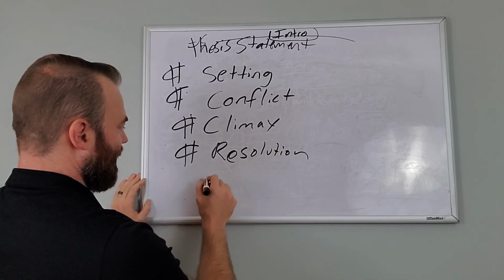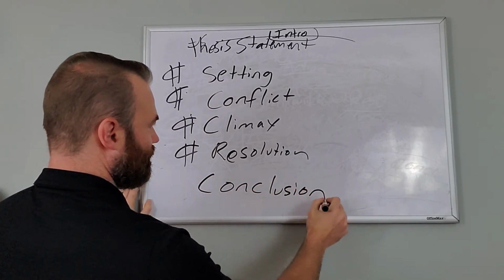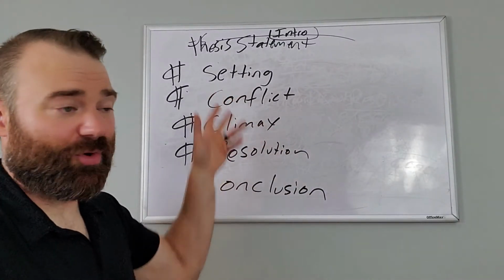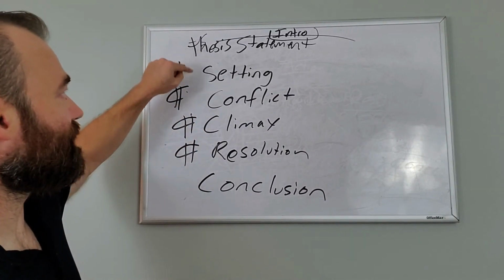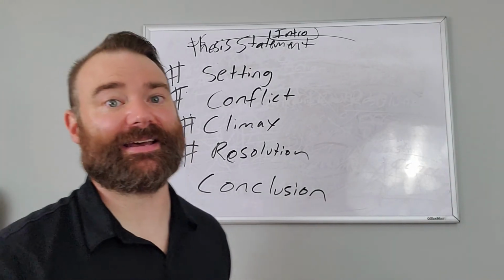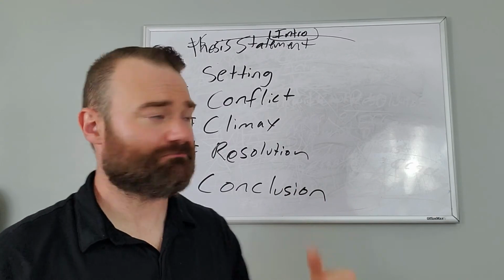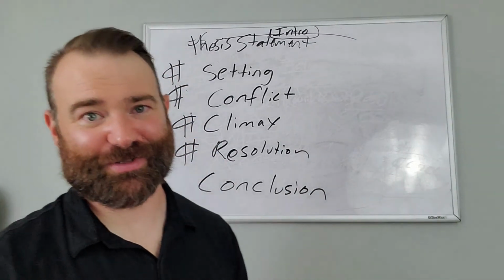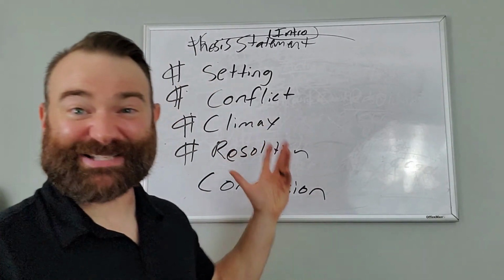And we're going to have a conclusion. So what we have here is, and you may have more than one paragraph for these things, but you're going to have at least 1, 2, 3, 4, 5, 6 paragraphs in this essay. Okay? An introduction, and then you're going to have 4 body paragraphs, and then you're going to have your conclusion paragraph. So that's what we're looking at.